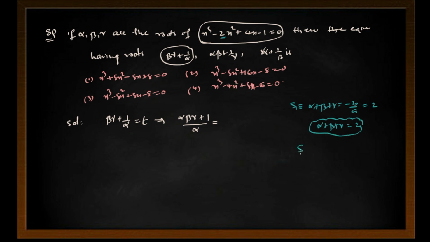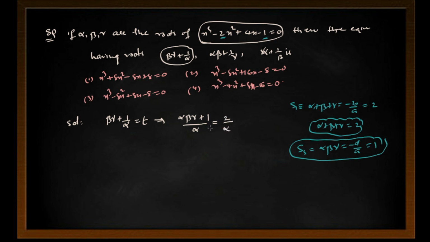And product of the roots S3, alpha beta gamma, is minus d by a, so minus of minus 1. In the place of alpha beta gamma, we can write 1. So this becomes 1 plus 1, 2 by alpha.